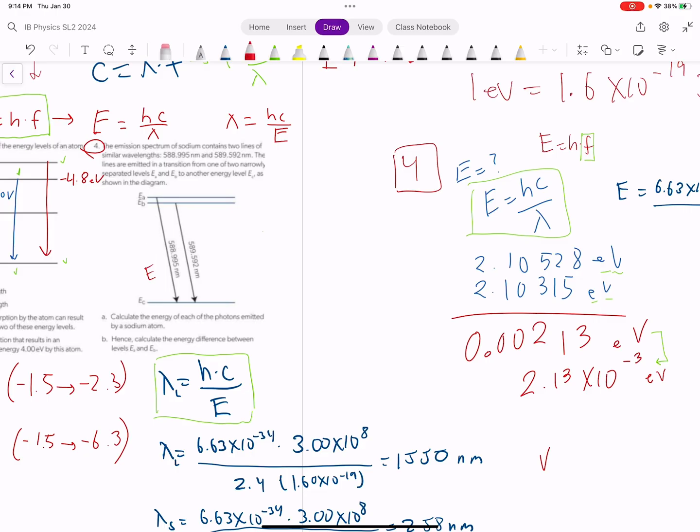The short wavelength here has more energy, and the larger wavelength here has smaller energy, okay? So this is the bigger energy. This other one is the smaller energy.